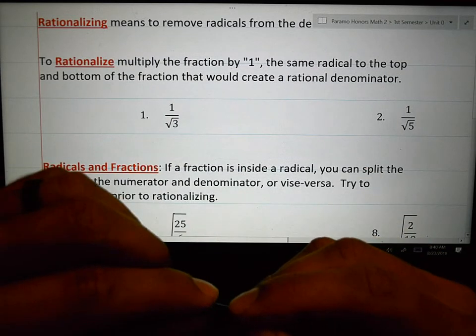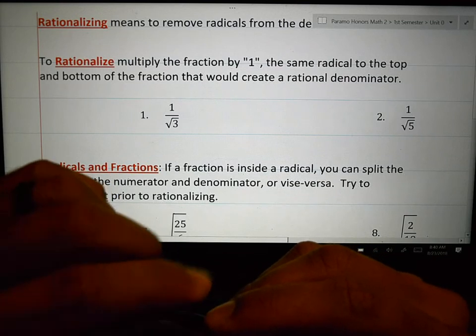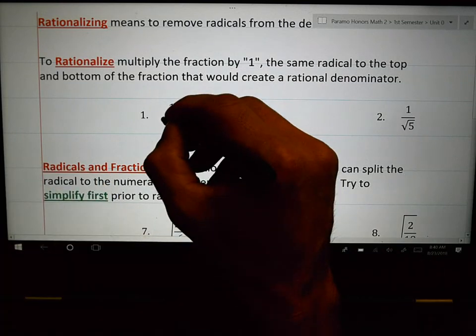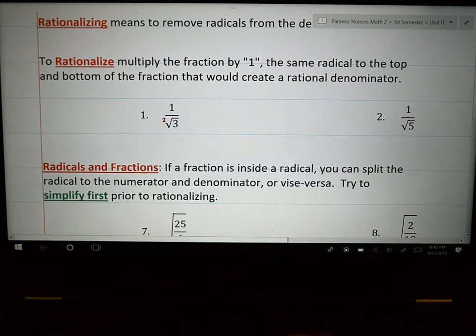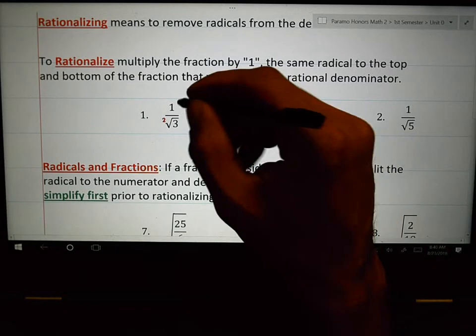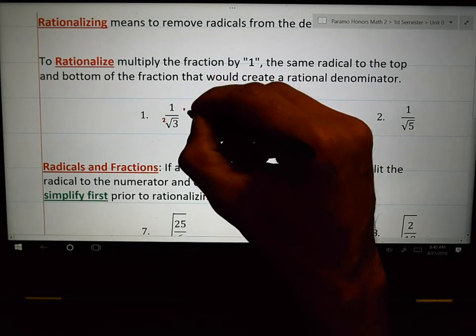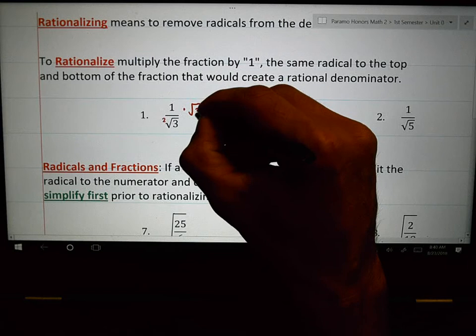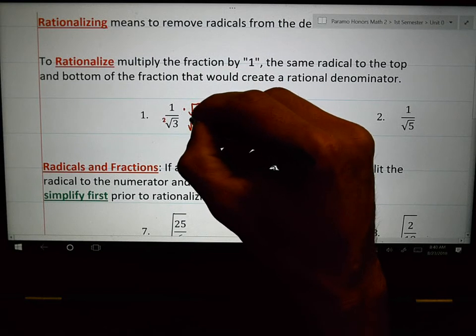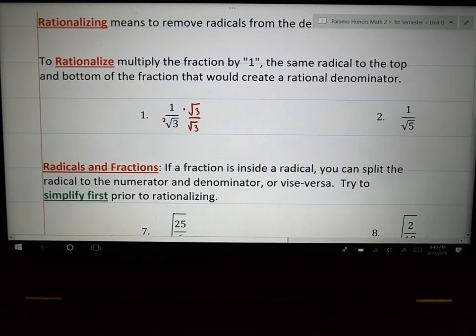Because this is the square root of 3, and I have a square root in the denominator, I need to rationalize it. I need to get rid of that square root of 3 in the denominator. Here's what I can do. I can multiply this by another root 3 over root 3.